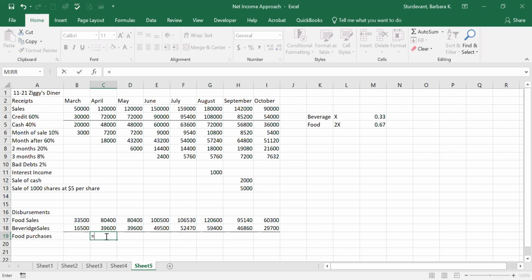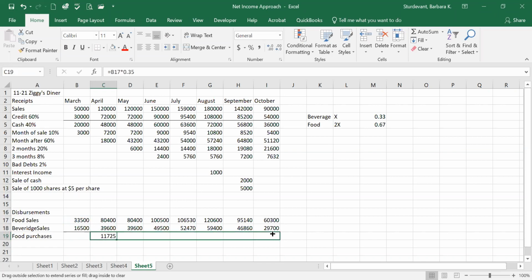In June, I would take the food sales for March and I would multiply it by the 0.35 because that's when I pay for it. And I would continue that across. Again, it's not when we buy stuff, it's when we pay for it.